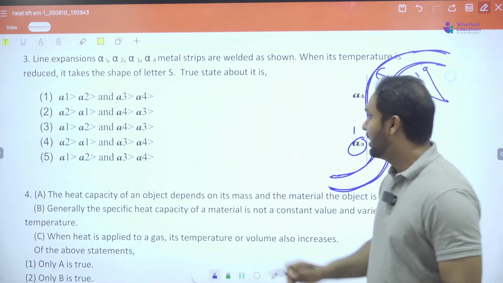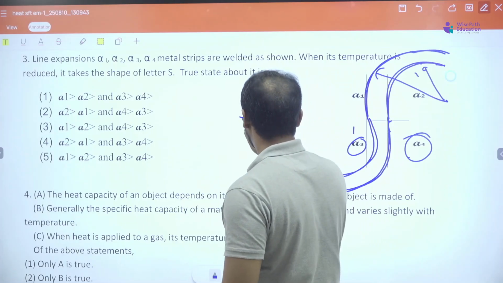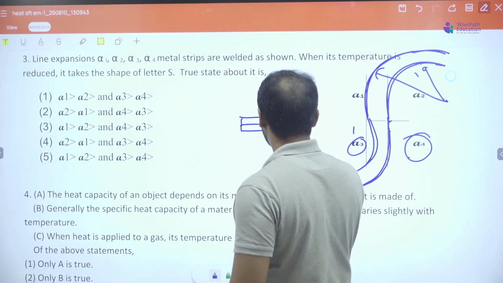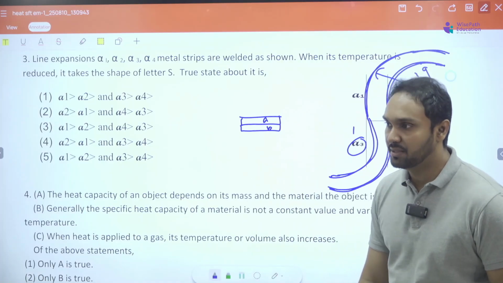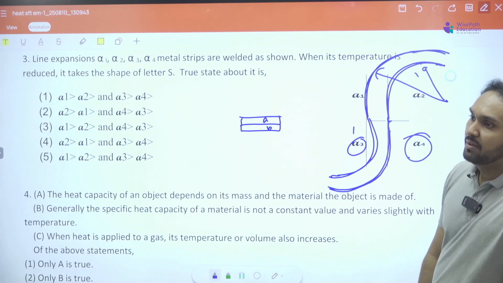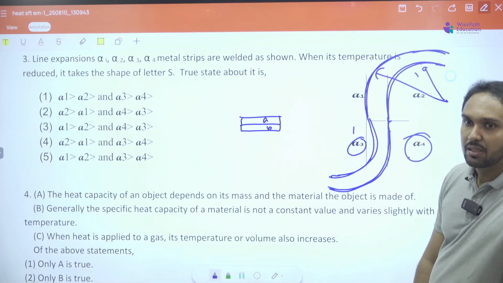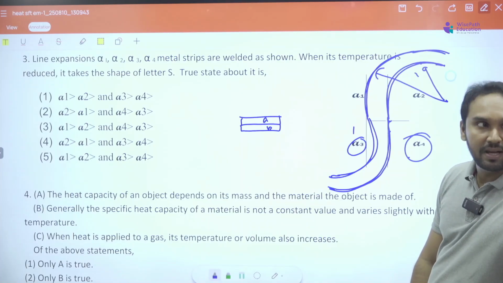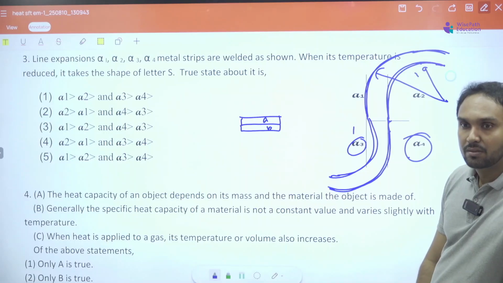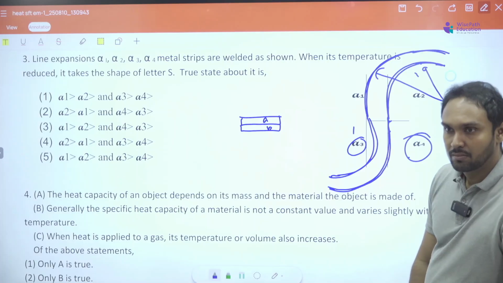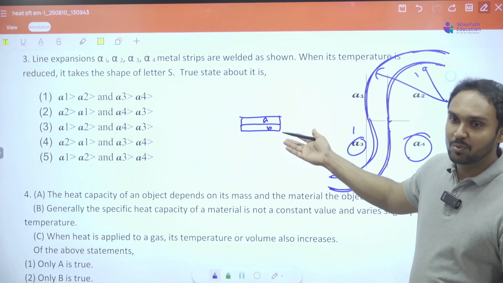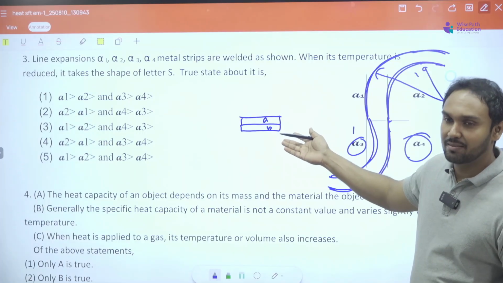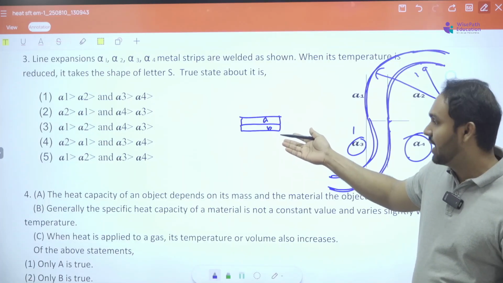Now, if you take a bimetallic strip like that, two metals, A and B, let's say B has a greater expansion. To which side would it bend now? Upward or downward? This is a bimetallic strip, two metal strips that have different expansions.